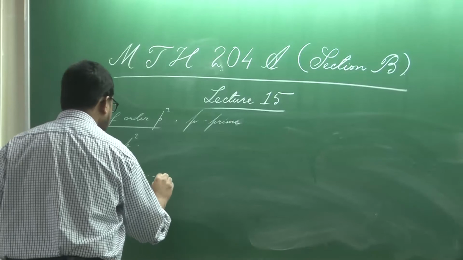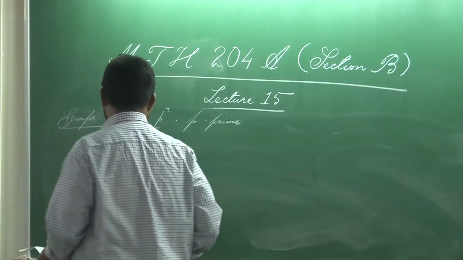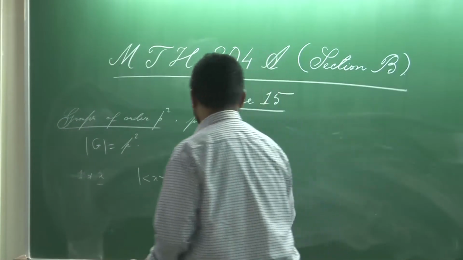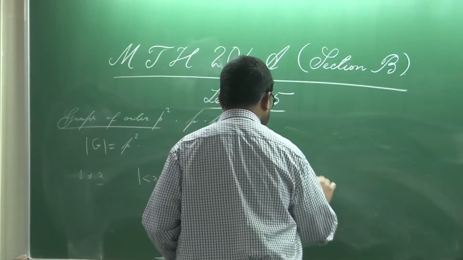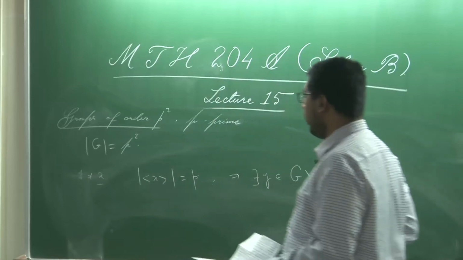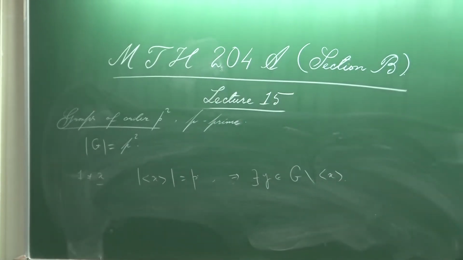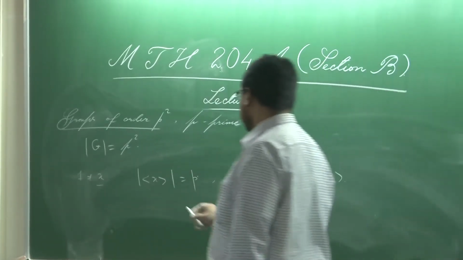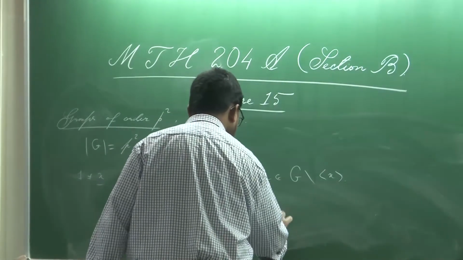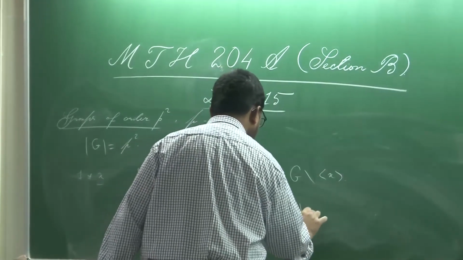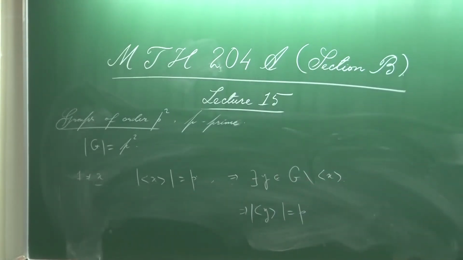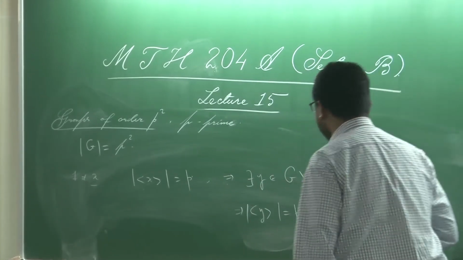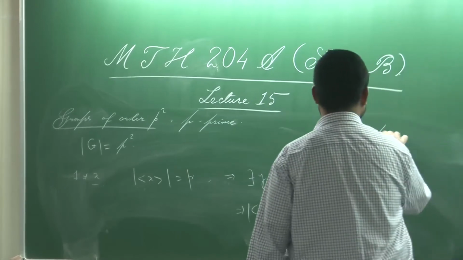So x must have order p, and this cannot be whole G. Therefore we can pick a y from outside the cyclic subgroup generated by x. So this y will also have order p. Okay. Now we will see that the following gives an isomorphism.